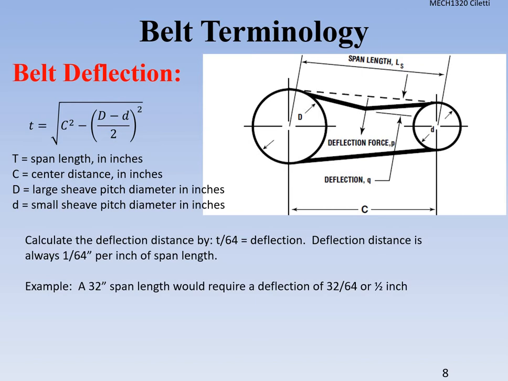The belt deflection is tied to the tension that we want to maintain in the belt as it pulls around and does the work. For example, remember, quotes means inches, a 32-inch span length would require a deflection of 32/64 or half an inch. You always put it in 64ths. So our belt deflection would be half an inch in this case.